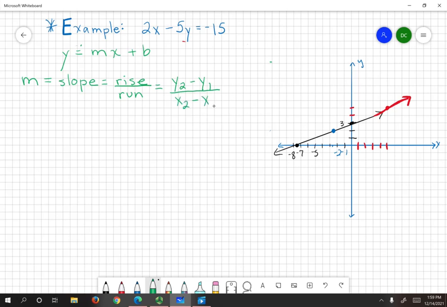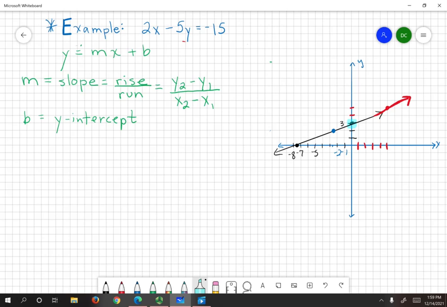We're going to be doing something like that in a minute. Stay tuned. But mostly, it's rise over run. The b represents the y-intercept. The y-intercept is where the graph crosses the y-axis. In this particular case, I already know the y-intercept. The y-intercept is right here at 0, 3.